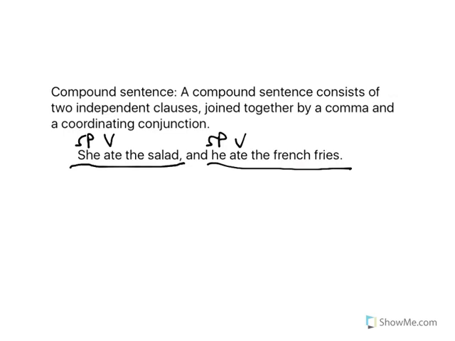They can each stand alone as their own sentences if they needed to. It makes sense to say she ate the salad, and it makes sense to say he ate the French fries. And we see that it's joined together by a comma and a coordinating conjunction. That right there, and, is our coordinating conjunction.